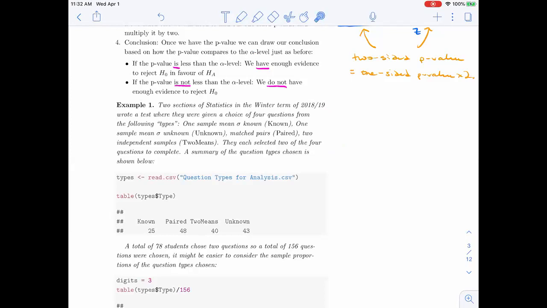Sometimes I have test 2, which covers one sample mean sigma known, one sample mean sigma unknown, matched pairs, and two independent sample means. Everyone selects 2 of the 4. All 4 questions are on the test, and then you pick the 2 that you want to do.